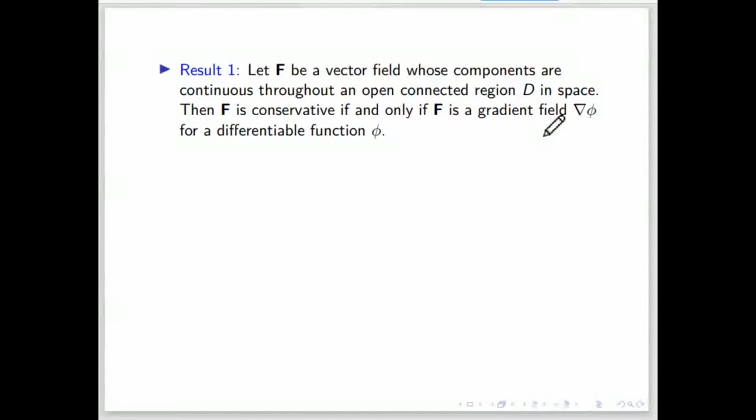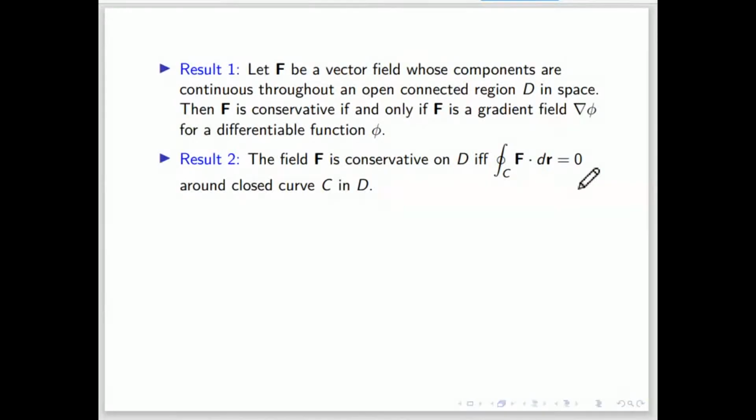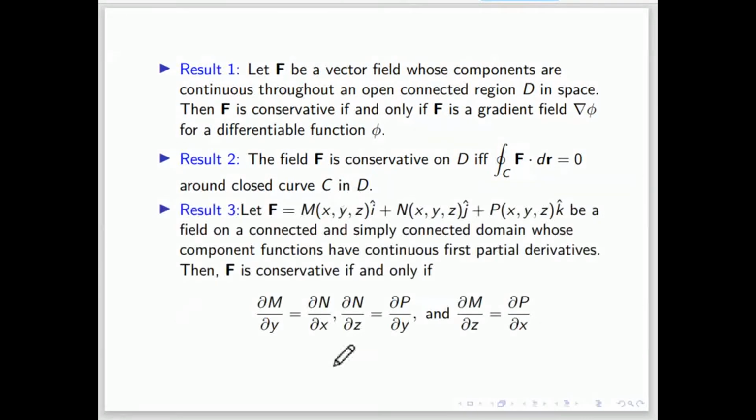Another criterion is that the integration is 0 for a closed curve, because both points A and B are equal. Then we will say it is a conservative field. And the third criterion comes from solving F equals gradient phi. If this criterion is also satisfied, then we will say that it is conservative.